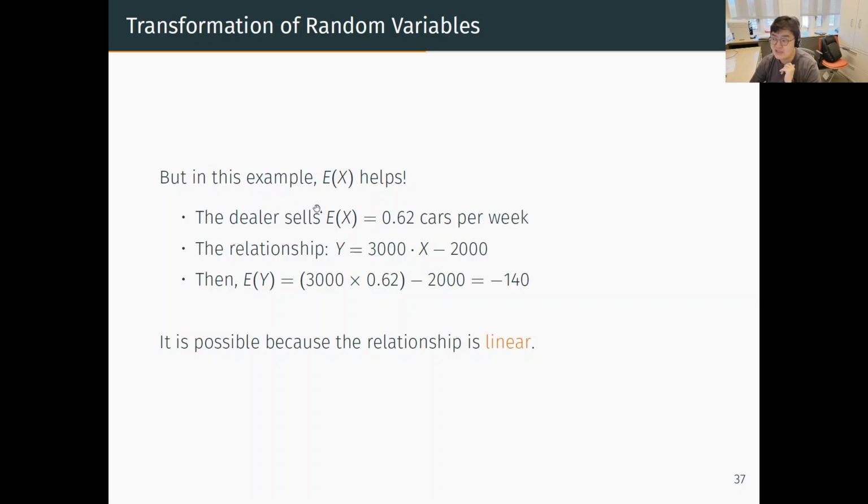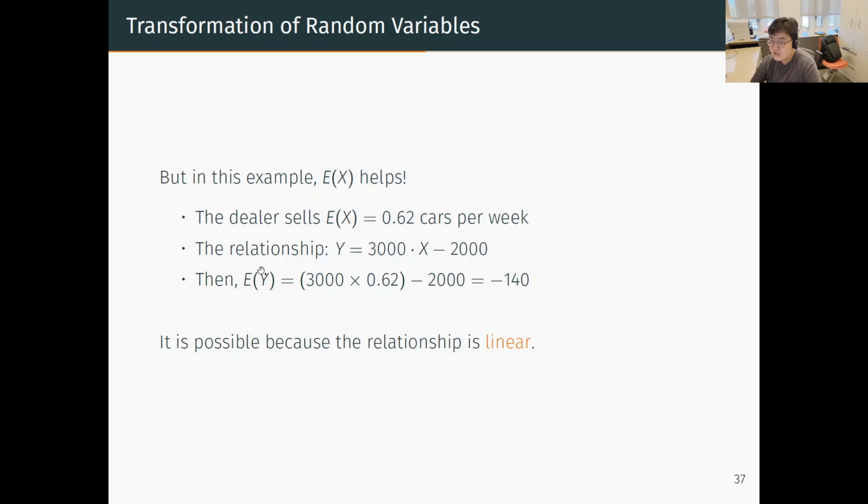So like in our example, we already calculated that the salesperson sells 0.62 cars per week. And we get the relationship like this. And then you may just replace X with the expected value of X in this relationship. So this is the relationship between Y and X, but replace Y and X with their expectations, right?